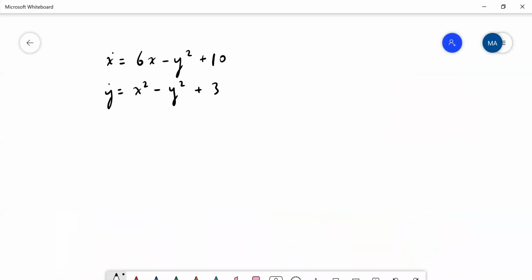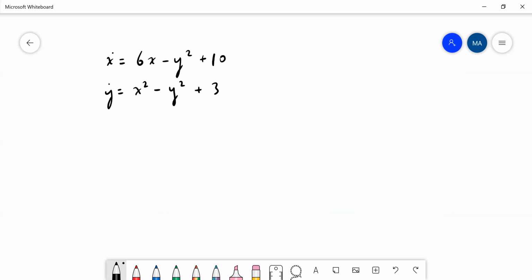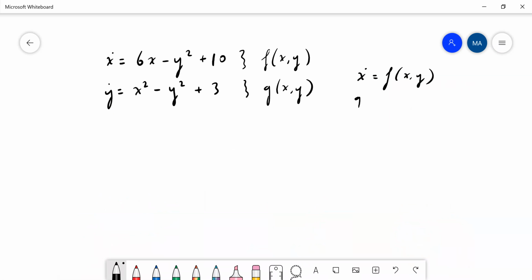Now we want to linearize these functions. Let's denote this function f of x, y, and this one g of x, y. So my system is x dot equals f(x, y), y dot equals g(x, y).